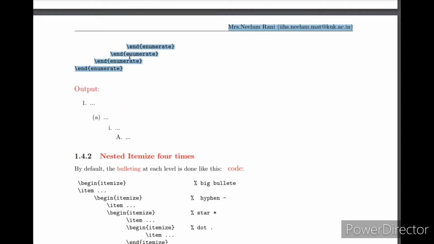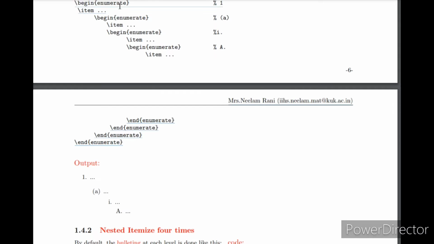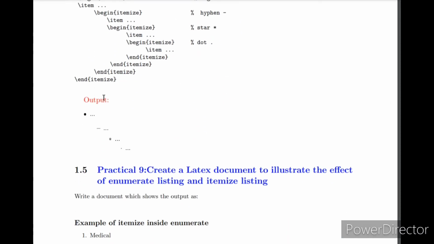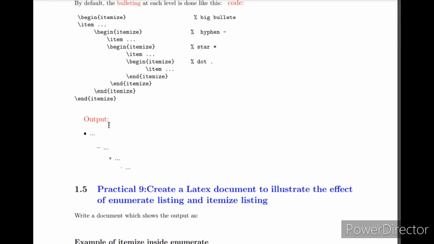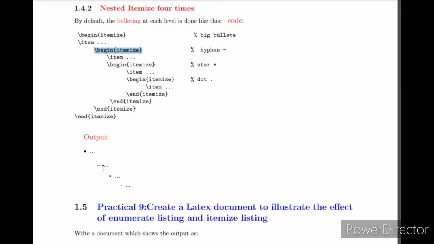Similarly, if you replace enumerate by itemize, your output will be like this. These are the series of bullets. The first begin itemize will produce the big bullet. The second itemize's effect is this hyphen series. How many outputs appear depends upon your items.